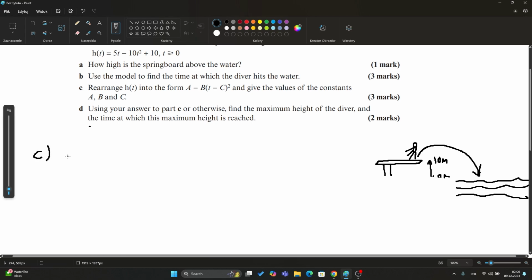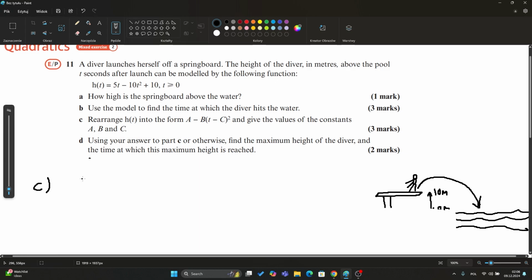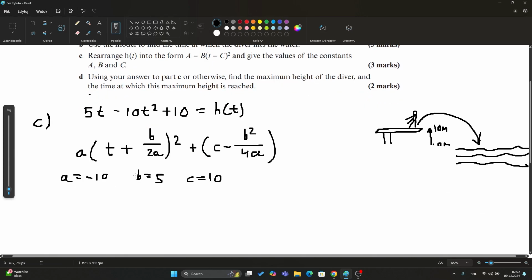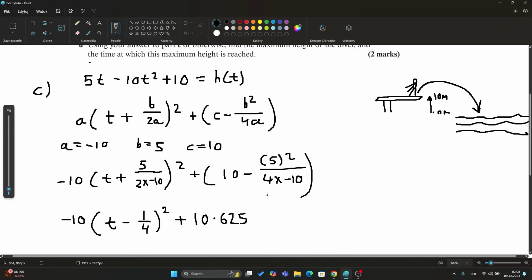So now part C, rearrange h(t) into the form of completing the square and give the values of the constants a, b and c. So we complete the square simply, so 5t minus 10t squared plus 10 will equal h(t). Now the formula for completing the square is given, so we just plug in the numbers to the formula and do the calculations on a calculator.